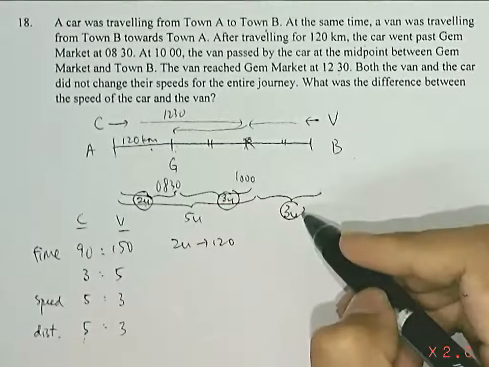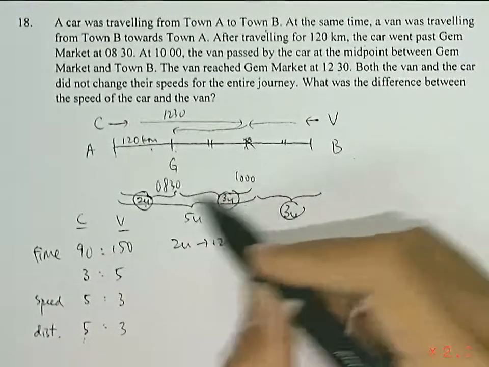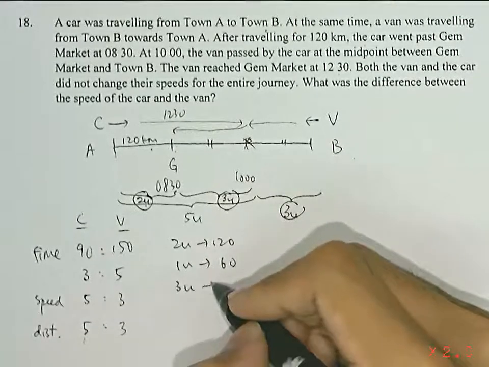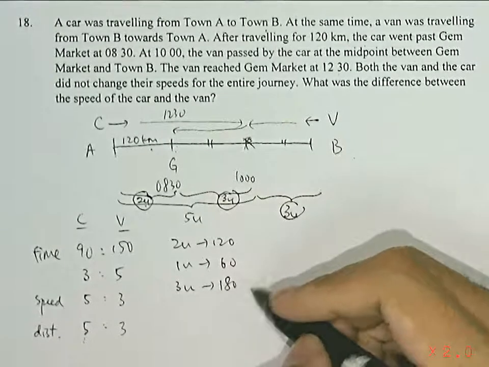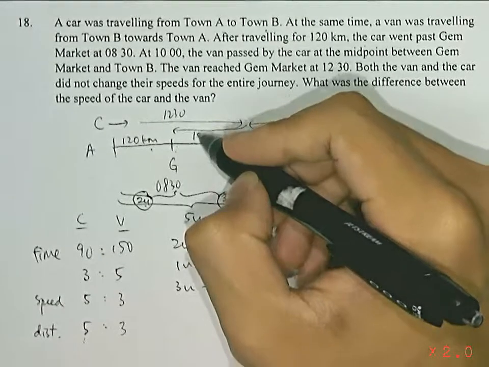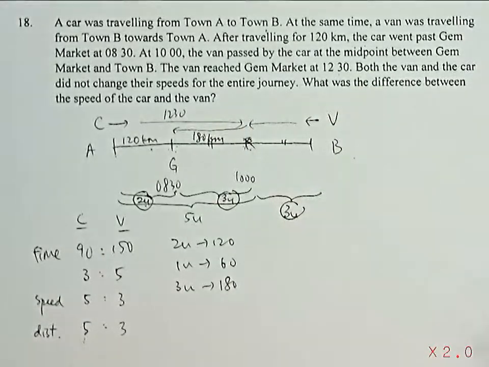And we can then find the distance traveled by the van for this segment over here. So 1 unit will be dividing by 2, which is 60. 3 units will be multiplying by 3, which is 180 kilometers. So we know that the van traveled 180 kilometers over here, and the time it took was 2.5 hours.